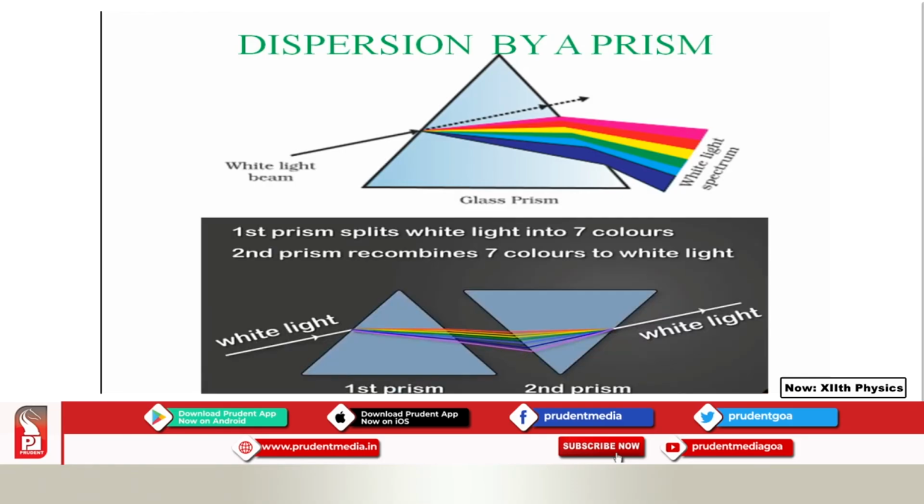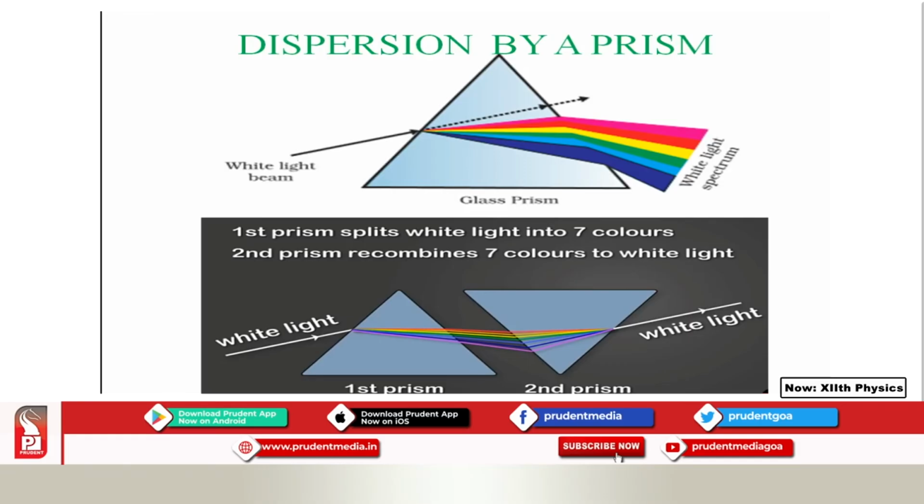Now, over here we have a small experiment just to tell you that the prism only splits the colors, it does not create the colors of its own. So, here I have got the first prism, and the second prism is just kept inverted.